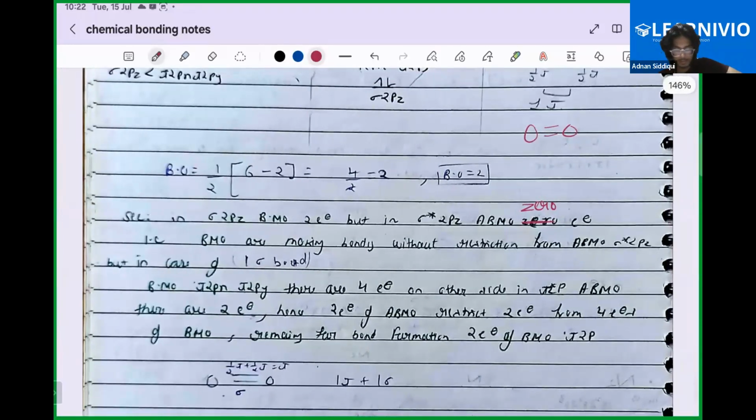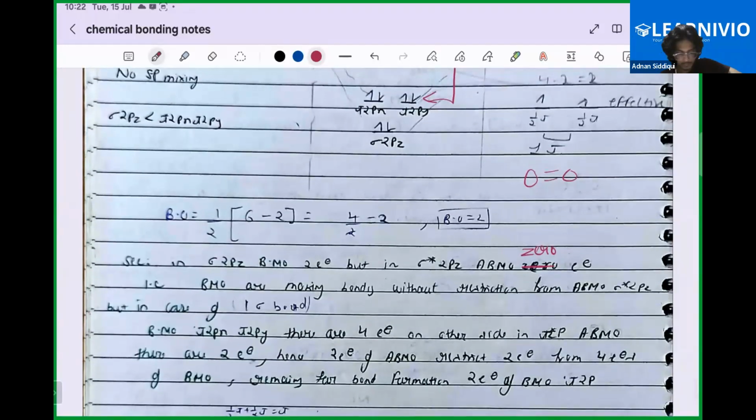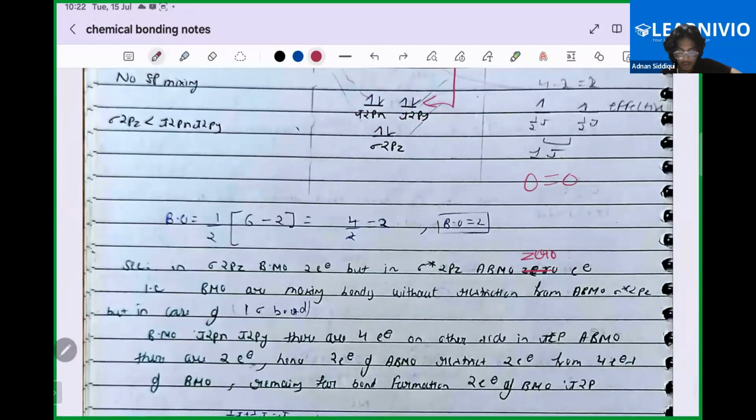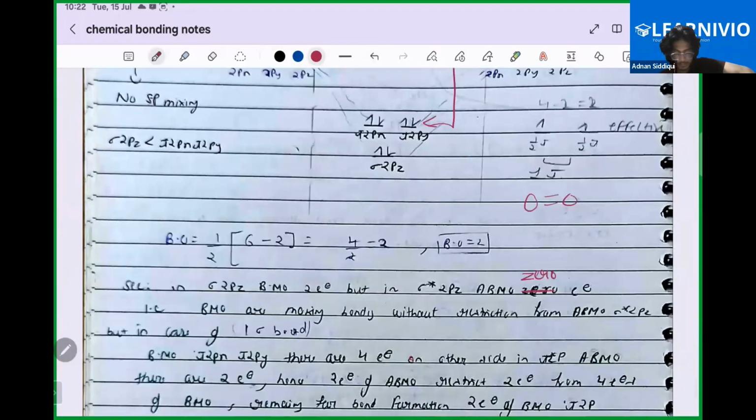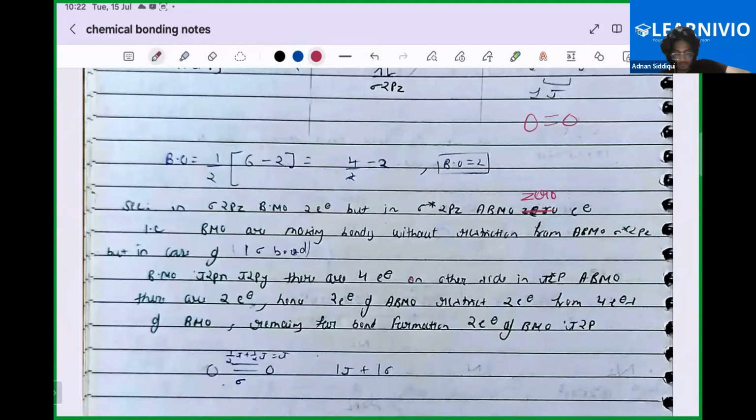Sigma star 2pz is as said, but in the case of one sigma bond, BMO: pi 2px and pi 2py have four electrons, and on the other side, pi star 2p ABMO, there are two electrons.